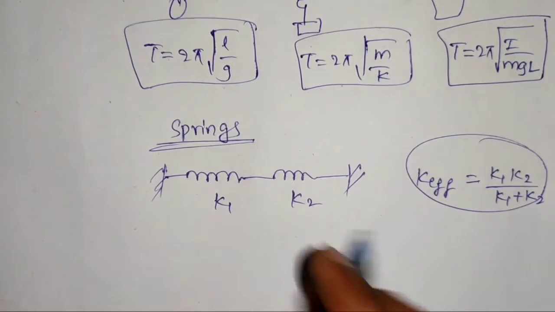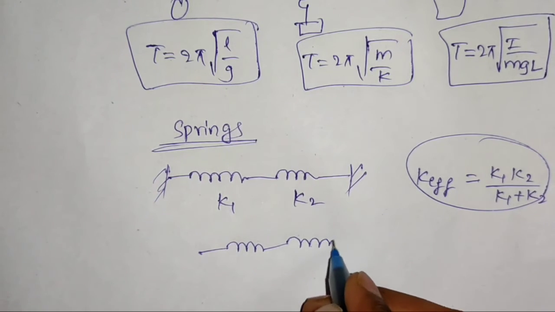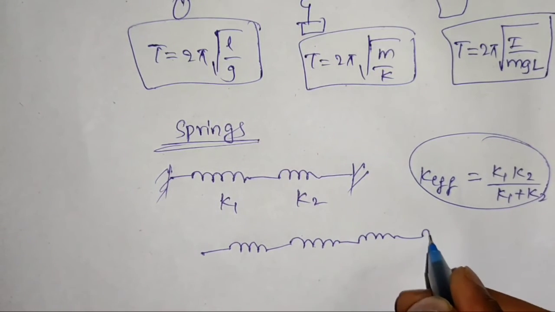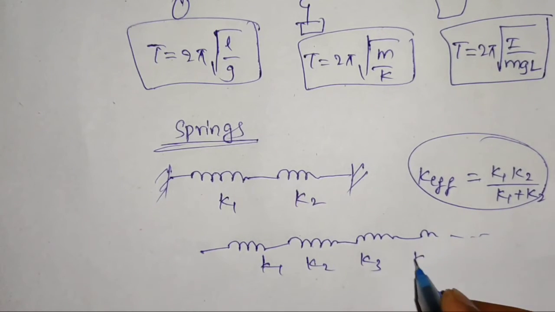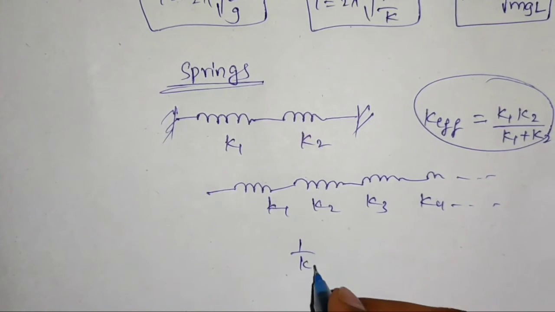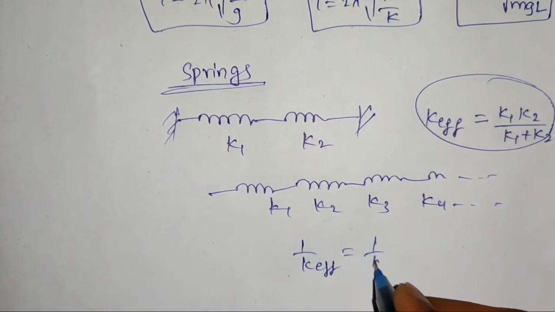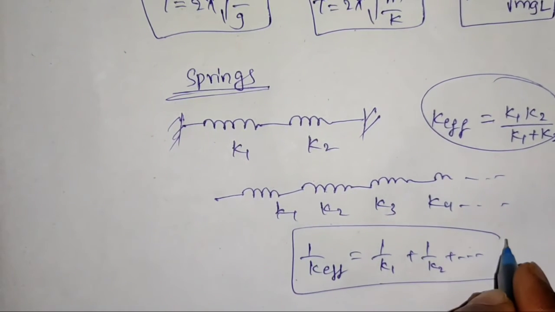If there are many springs connected in series like this, k1, k2, k3, k4 and so on, there we get 1 by k effective is equal to 1 by k1 plus 1 by k2 and so on. Okay, remember this formula.